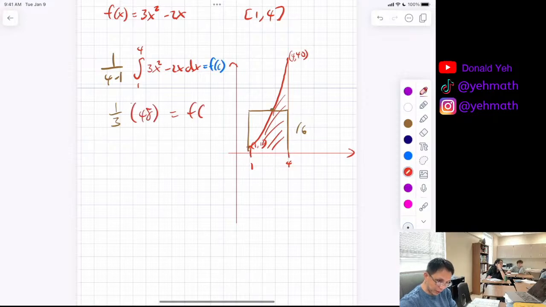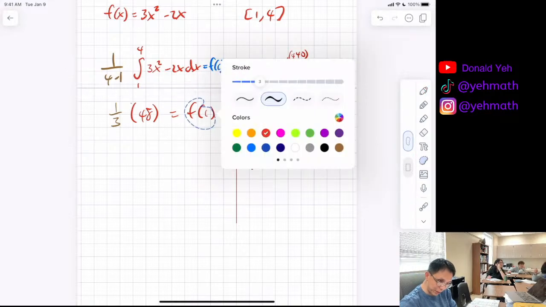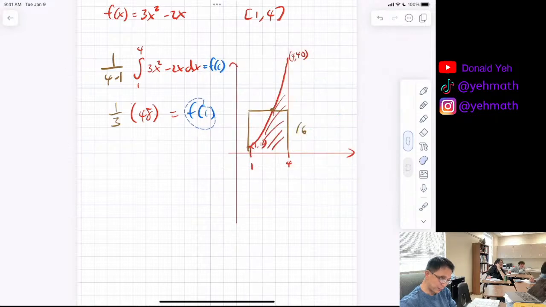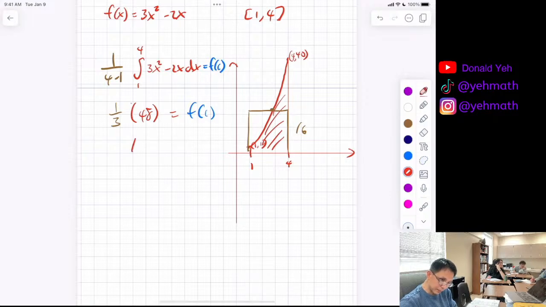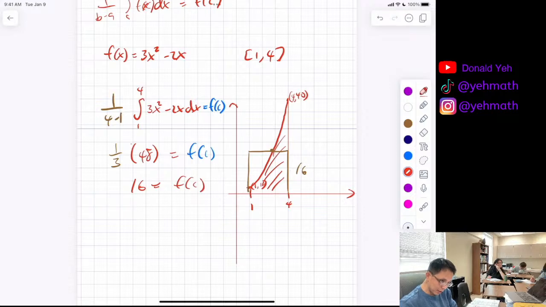It is equal to f of c. This part is the blue part, which is what we're trying to find, what the f of c is. This is 16, equal to f of c. Guess what? What's f of x? f of c is 3c squared minus 2c, which is equal to 16.